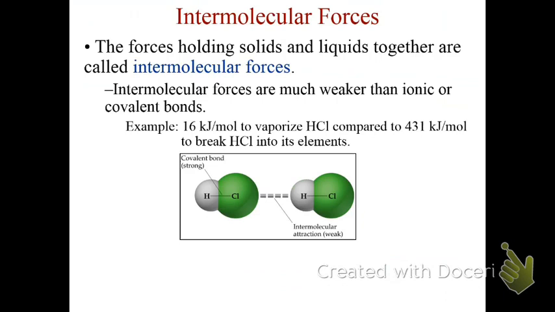It's very easy to break this bond that's sitting here right in the middle. It's just a hydrogen bond, and we're going to talk about, of course, hydrogen bonding. But it only takes 16 kilojoules per mole just to break that bond, whereas we'd have to put in so much more in order to break it into a hydrogen ion and a chloride ion.